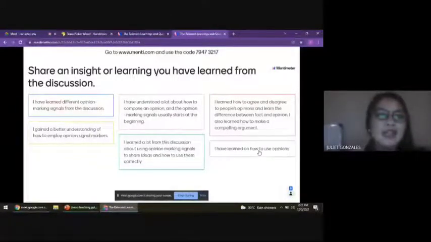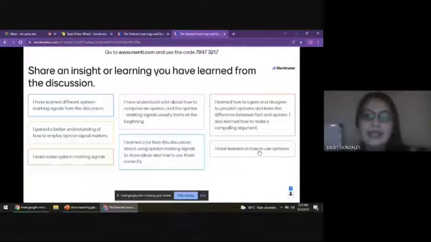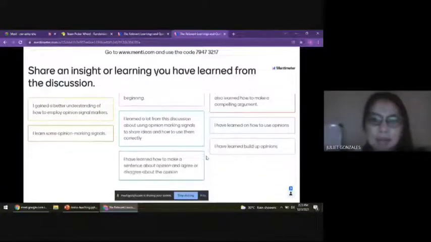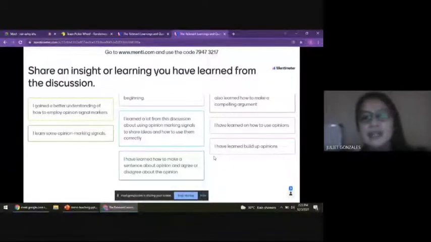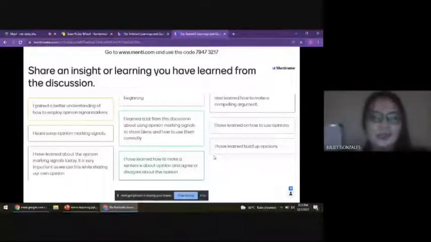I gained a better understanding of how to use opinion signal markers in statements when you give opinions. I learned a lot about using opinion marking signals to share ideas and how to use them correctly. I have learned how to make a sentence about opinion and agree or disagree with others' opinions. Okay, that's good. Let us proceed to the next one.